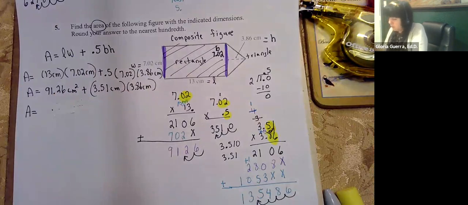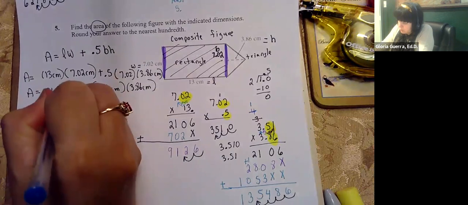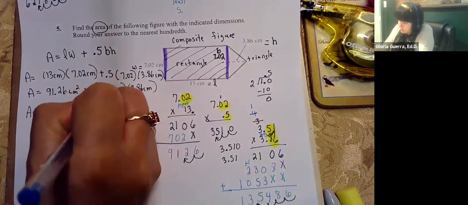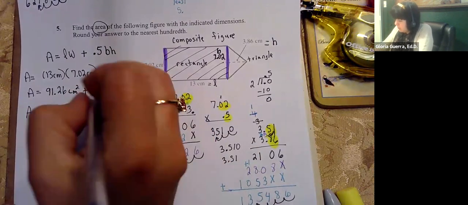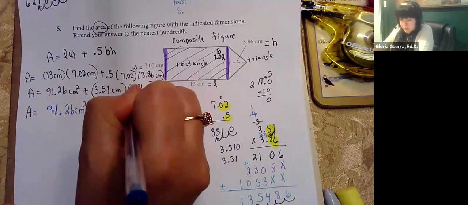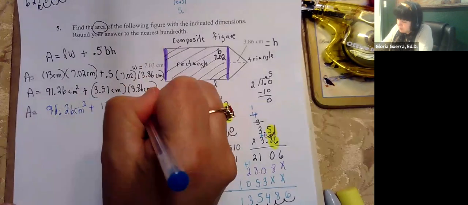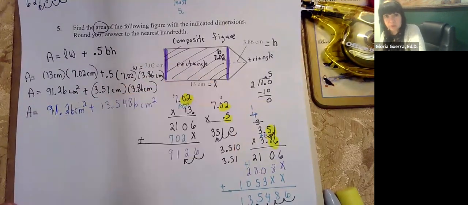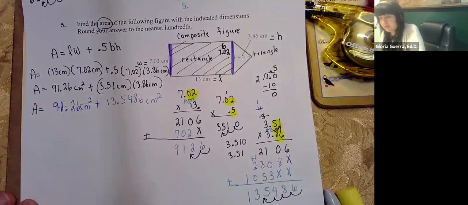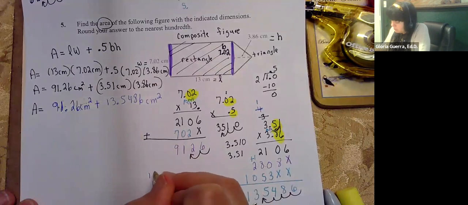Okay, so I need the 91.26 centimeters squared plus 13.5486. Centimeters times centimeters is centimeters squared. Okay, and then those are the digits now. Those are your add-ins, those two numbers you're adding. So let me put that here.